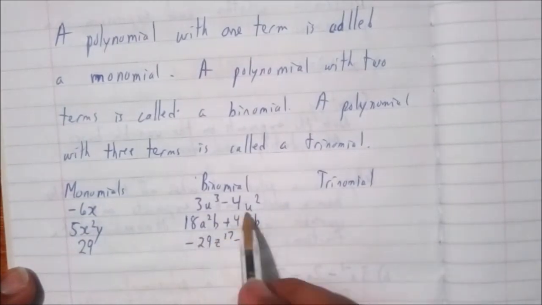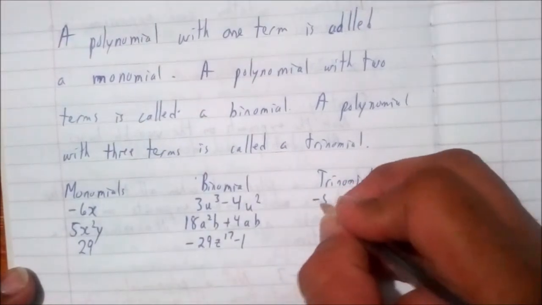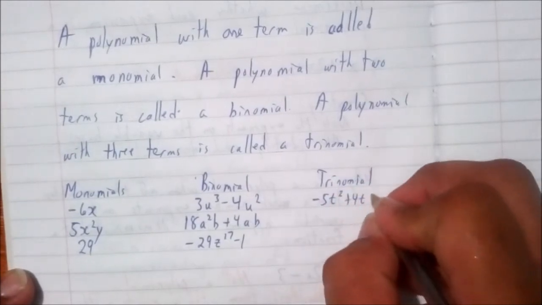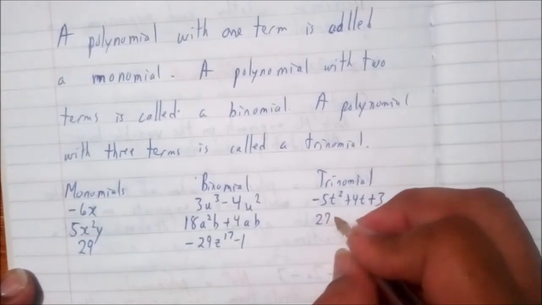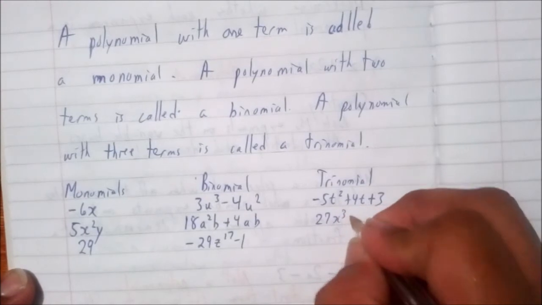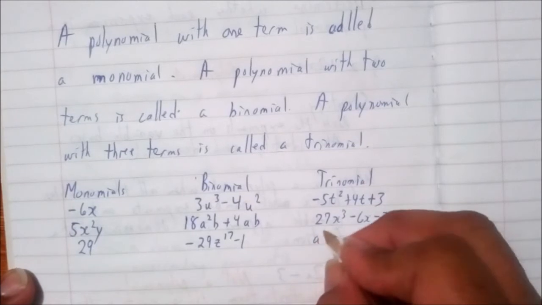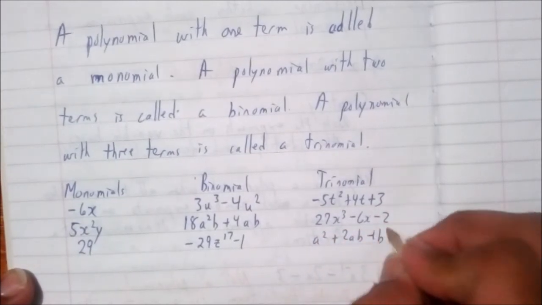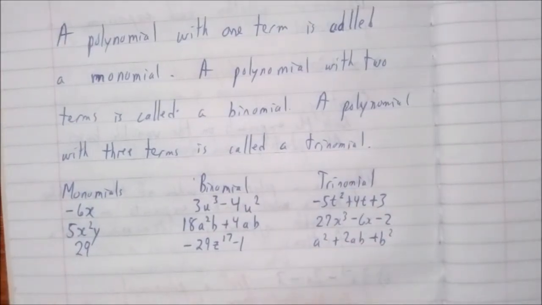These are binomials, two terms. Trinomials now: negative 5t squared plus 4t plus 3, 27x cubed minus 6x minus 2, a squared plus 2ab plus b squared. These are all trinomials, 3 terms. Okay, so that is what we have there.